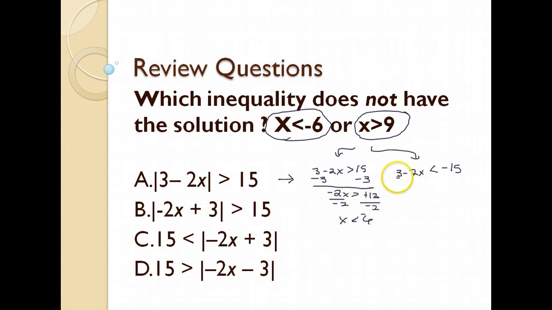Sorry about that. Subtract 3 on both sides. So negative 2x is less than negative 18. Divide both sides by negative 2. Remember, when you divide by a negative, it flips your inequality.